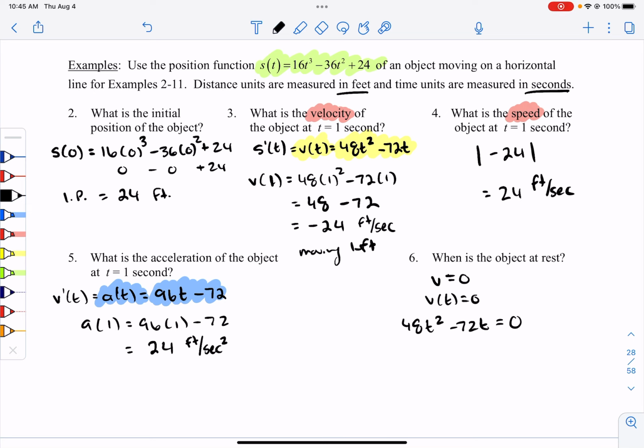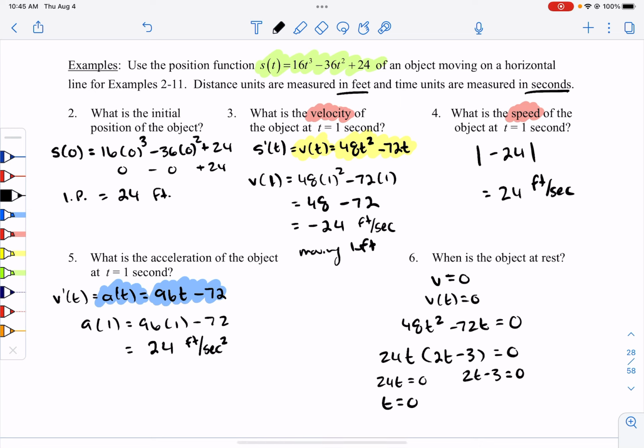All right, so let's factor out a 24 and a t, and I'm left with 2t minus 3 on the inside. So these two multiplied together equals 0, so 24t equals 0, and 2t minus 3 equals 0. Are you having flashbacks of math 2 and 3?